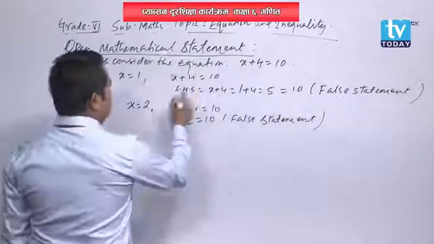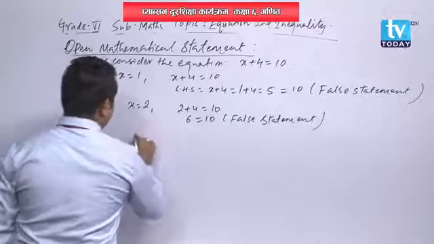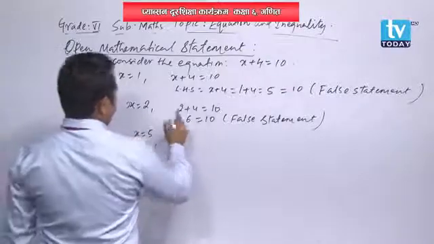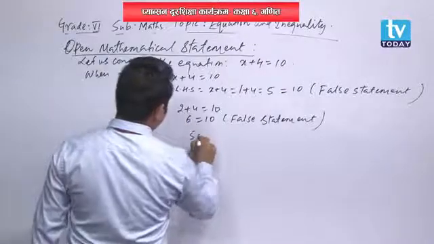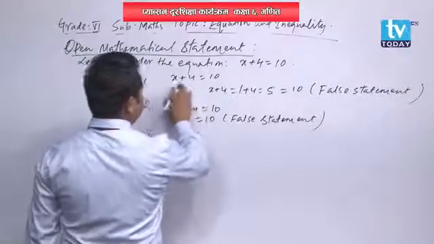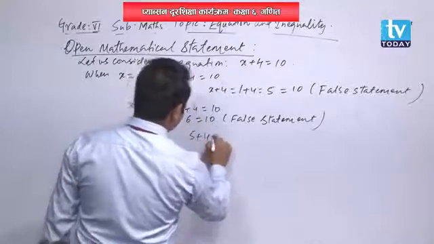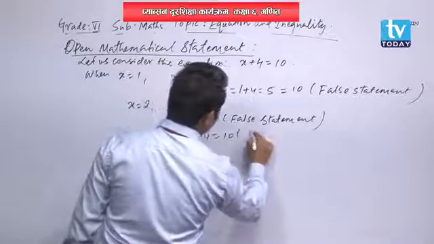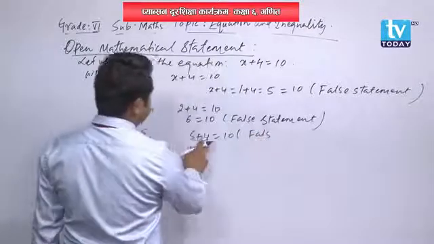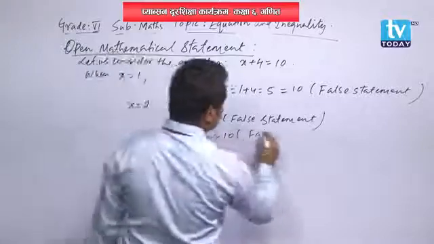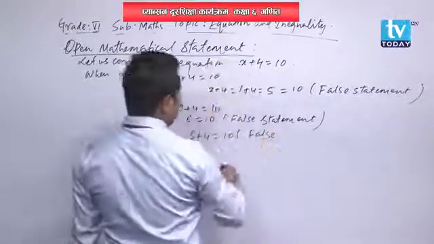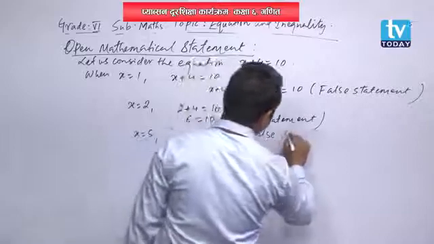If you take the value of x equal to 5, then 5 plus 4 equals 10. This is also a false statement, because 5 plus 4 is 9, and 9 cannot be equal to 10. So false statement.